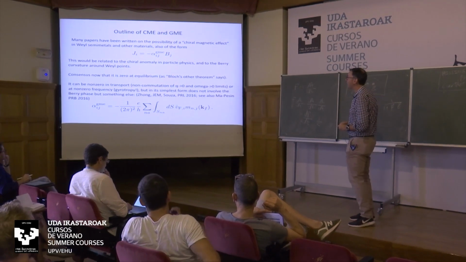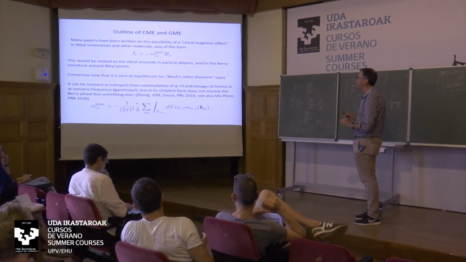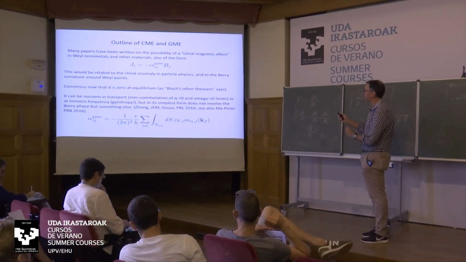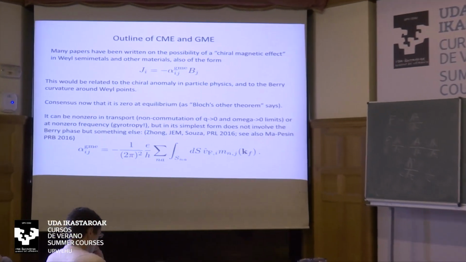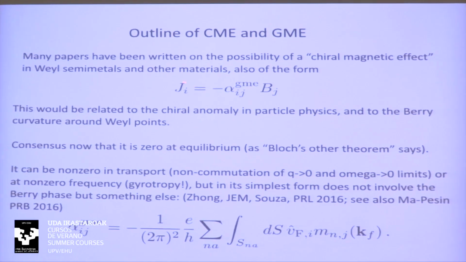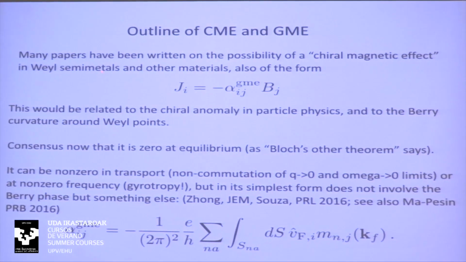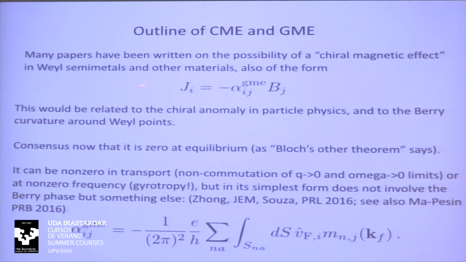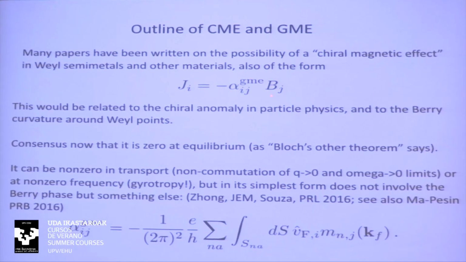So the idea of the chiral magnetic effect was the following. I think I have a slide or two on why this was conjectured, but since we're going to say that you have to be very careful about writing this, the idea was that if you took some special materials, including Weyl semimetals, and I'll come back to what a Weyl semimetal is, you could have a current induced by a magnetic field, which is very unusual. In fact, in equilibrium, I don't think this is possible.